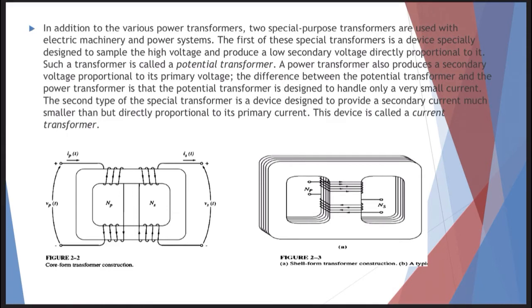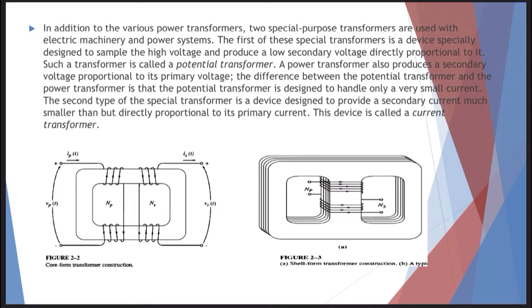In addition to the various power transformers, two special purpose transformers are used with electrical machinery and power systems. The first of these special transformers is a device specially designed to sense the high voltage and produce a low secondary voltage directly proportional to it.